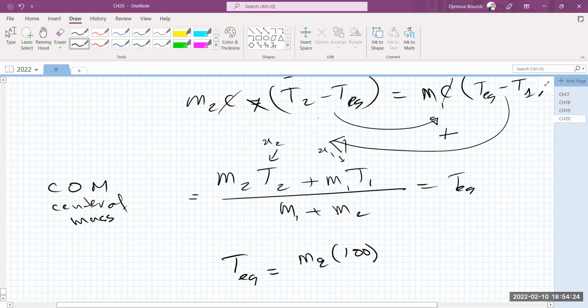Plus, because I'm using the difference in here, the difference doesn't matter as far as converting to Kelvin or not, plus M1, M1, M2, let's put the values in here. What am I talking about? M2 has a given value, it's 5 kilograms.